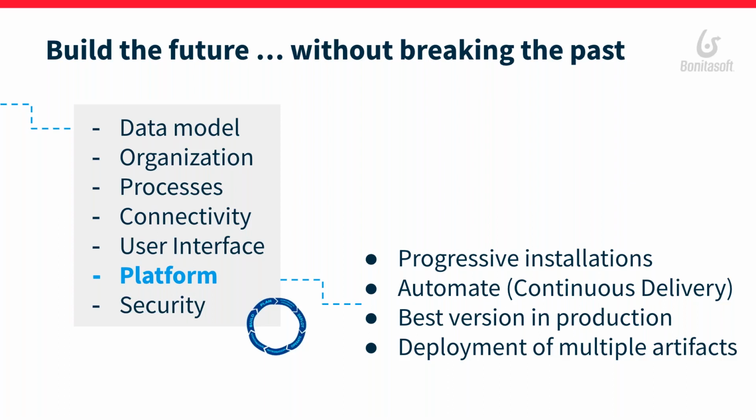So if, for example, the new version has changes in the data model, if it includes new features, you might not be able to deploy. So think about it. It's always better to use the same version in development and in production.